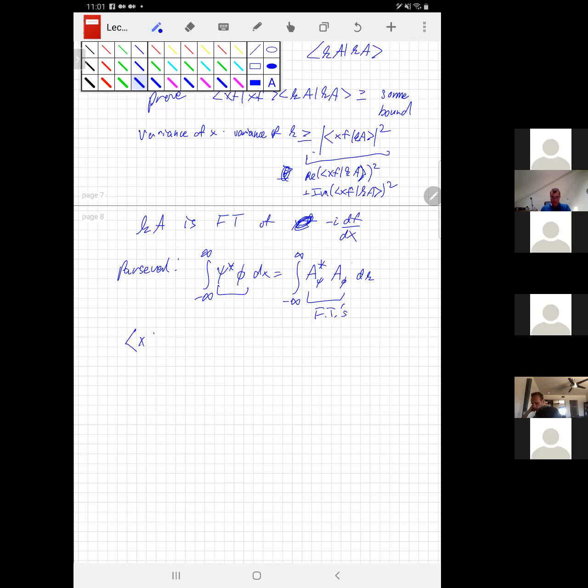So now, finally, after invoking a bunch of theorems, I've got that this inner product is the integral of x times the complex conjugate of a function times the derivative of a function.